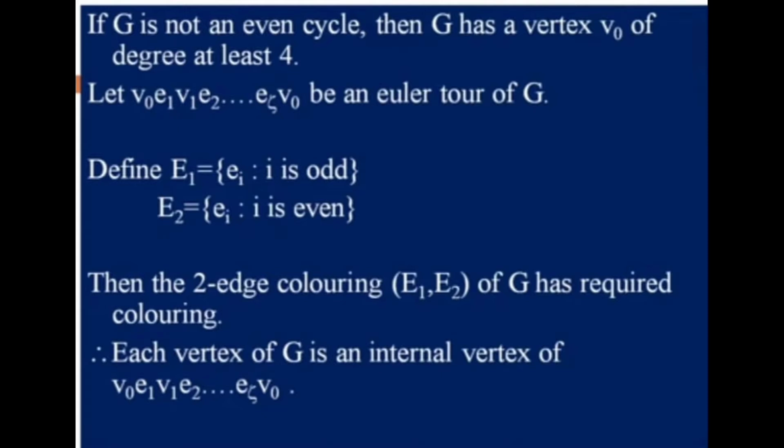We give the edges in E1 the color 1 and the edges in E2 the color 2. Then the two-edge coloring E1, E2 of G has the required coloring. Therefore, each vertex of G is an internal vertex of the tour V0, E1, V1, E2, and so on.